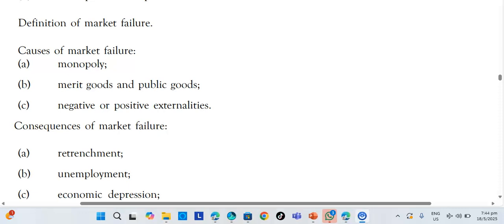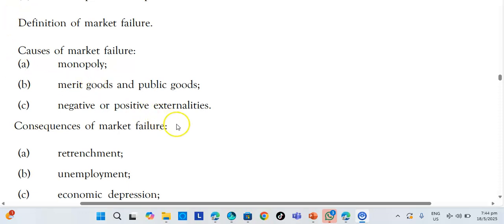Without government support, many people might not be able to afford them. Public goods, goods that are non-rival, meaning one person's use doesn't reduce another's, and you can't stop people from using them. The market fails to provide these because there is no profit motive. Example, street lighting, national defense.